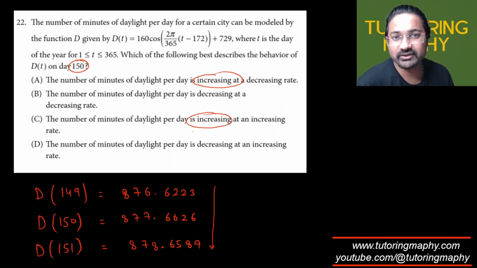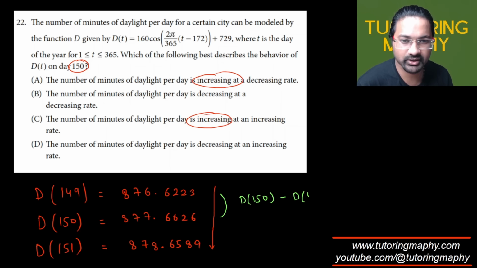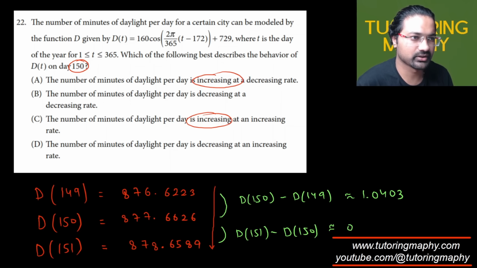Now, to find whether that rate is increasing or decreasing, we find the difference of the consecutive terms. So first we find the difference of 150 minus 149, and this value comes out as 1.0403. And then we find the difference between 151 and 150, and this value approximately comes out as 0.9962.